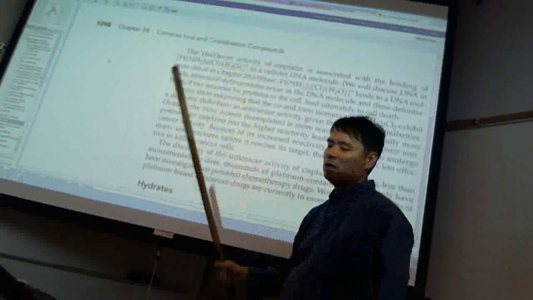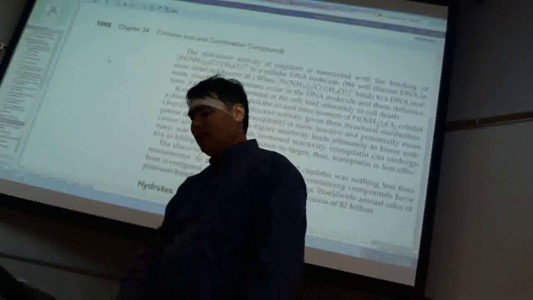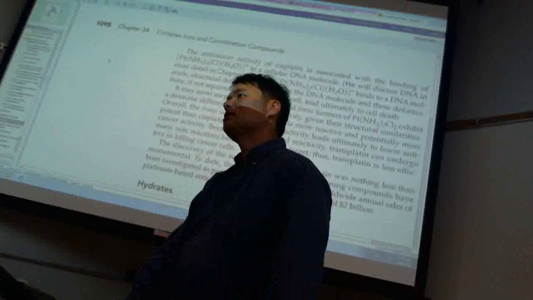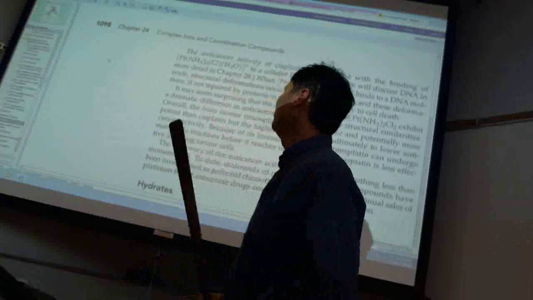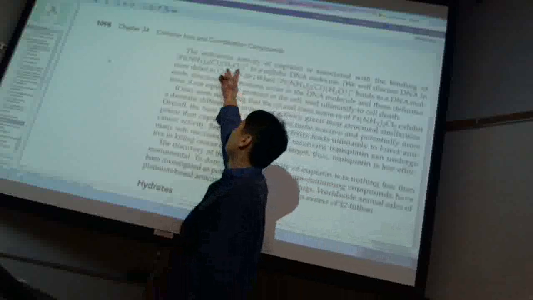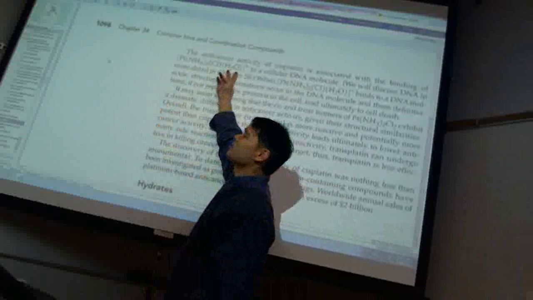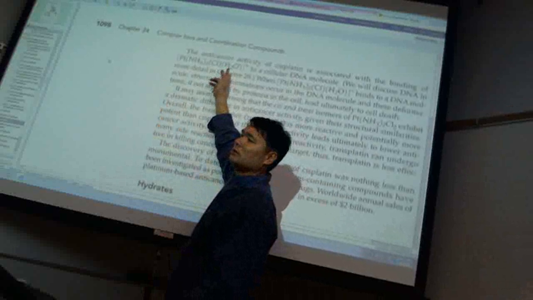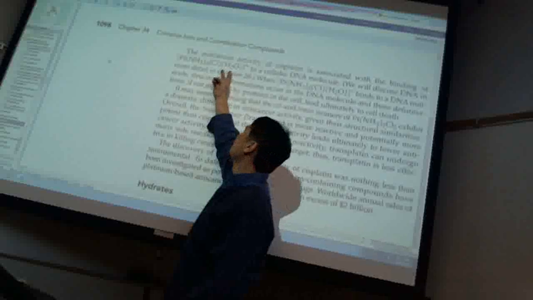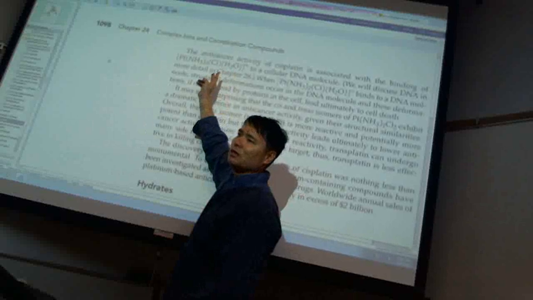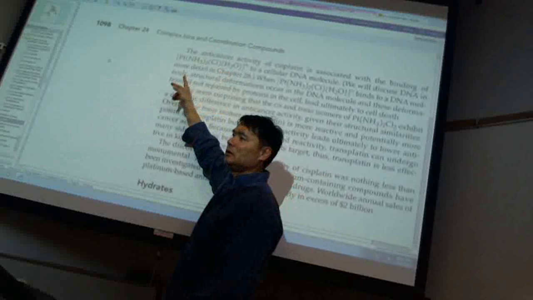Amine should go first. Now, I'm deviating a little bit from Petrucci, because Petrucci says do it alphabetical based on the formula. But oftentimes you'll see the formula is written backwards, depending if they're trying to show what bonds to platinum. Does the hydrogen bond to platinum, or does the oxygen? Oxygen. So sometimes they write the ligand as OH2 rather than H2O to show that the oxygen is bonding to the metal.